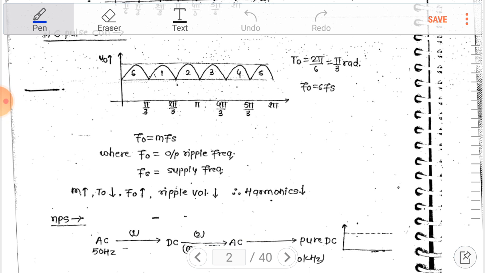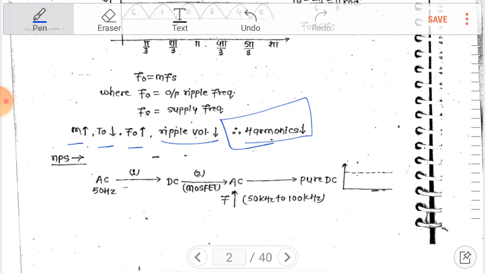One observation is also there: when the number of pulses increases, the output time period decreases and the output frequency increases, due to which the ripple voltage and harmonics are reduced. A 50 Hz AC can be converted to DC by using a MOSFET.